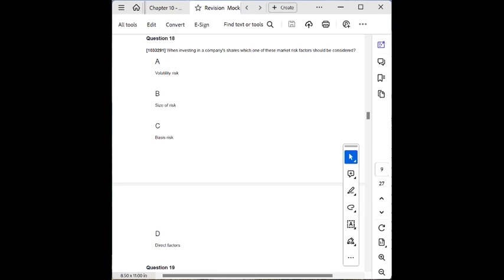So those are not related to market. The one that is connected to market risk factor is direct factors.